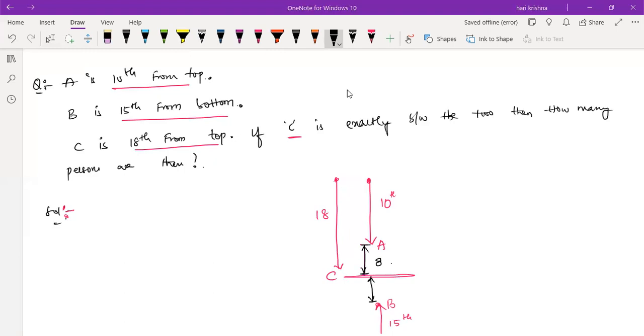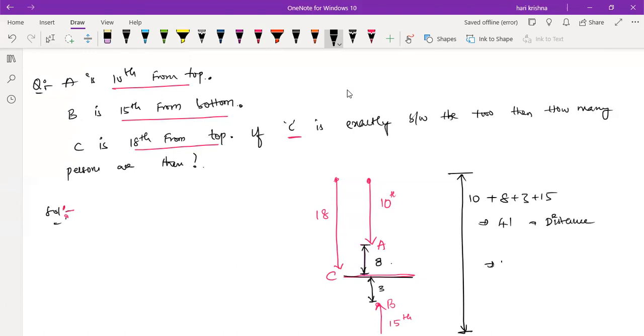Same, B is 15th from the bottom, and C is exactly at the center between A and B. So if you take C, it will be 3. 15 plus 3 is 18, 10 plus 8 is 18. So what is the total distance from top to bottom? 10 plus 8 plus 3 plus 15 is equal to 41. That is the total distance.